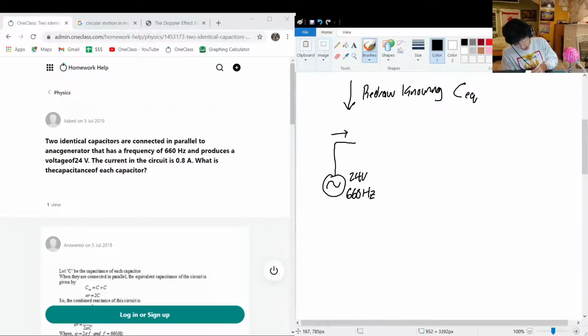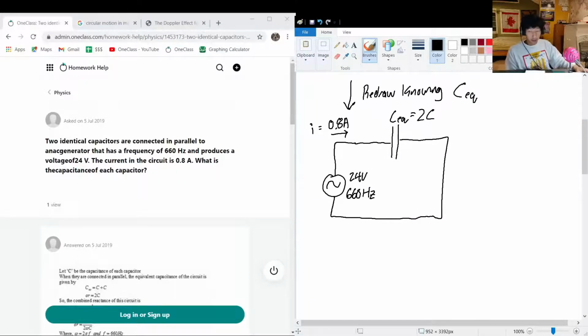It has a current through the circuit of 0.8 amperes. That would be I. And here we have CEQ. I'll write CEQ, but we also know that this is equal to 2C, and we're trying to solve for C.